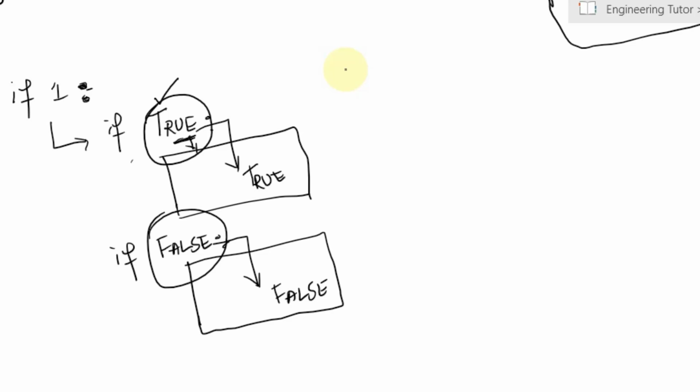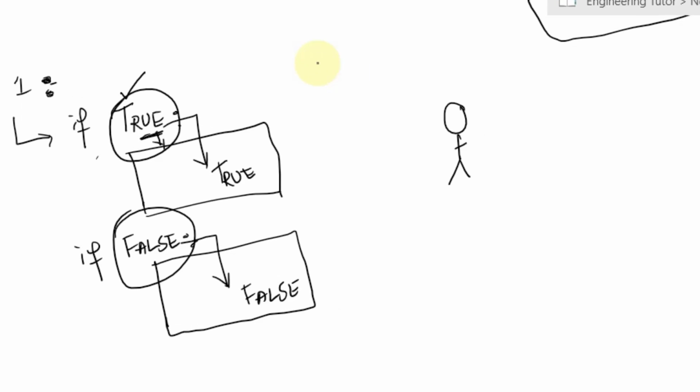Basically, a person here, let me go towards it again, has a pot, and let me call it X. In X he is putting something.